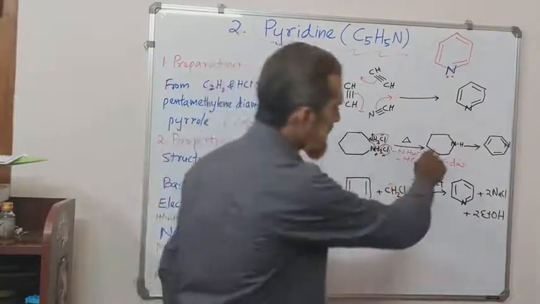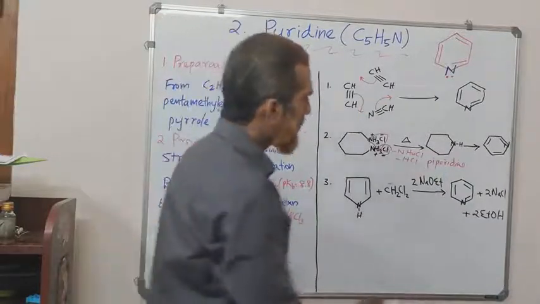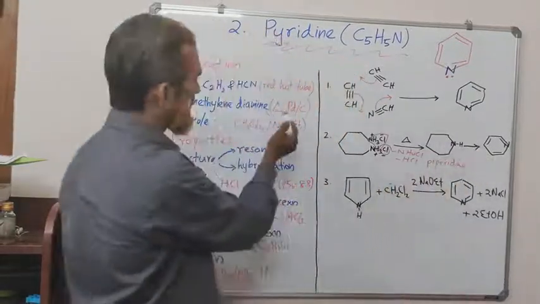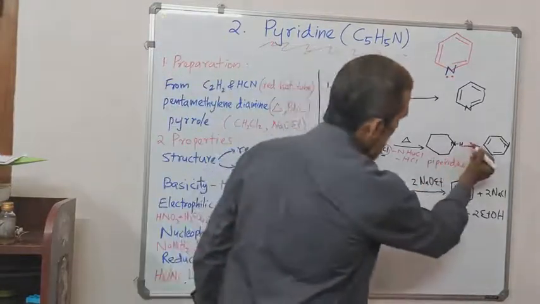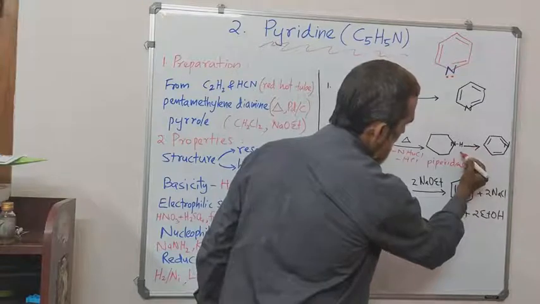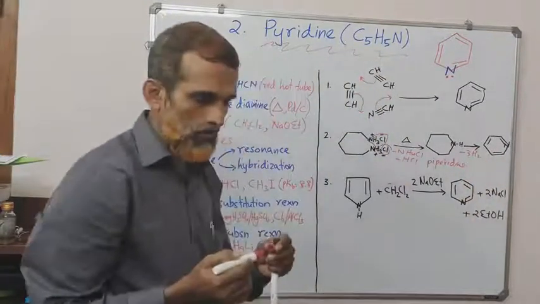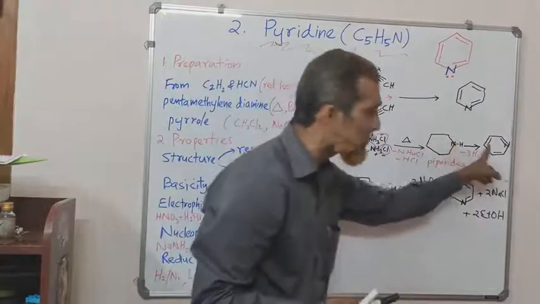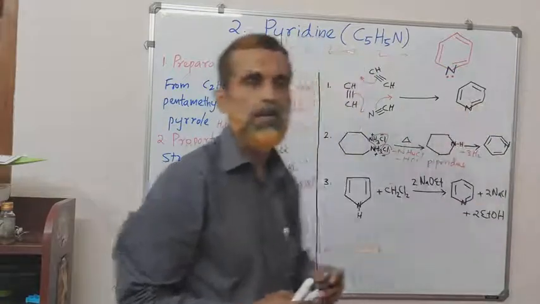Piperine contains this piperidine heterocyclic ring. Now this, on further heating with palladium charcoal catalyst, will lose hydrogen. It loses 3 molecules of hydrogen. That means it's a dehydrogenation or aromatization and becomes pyridine.